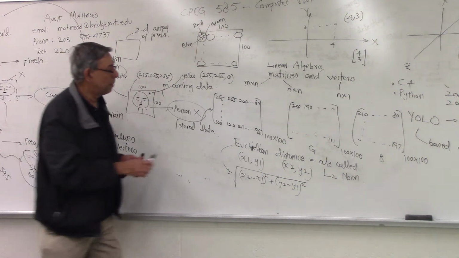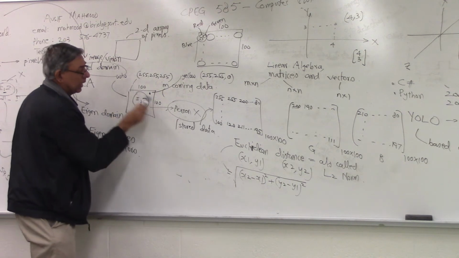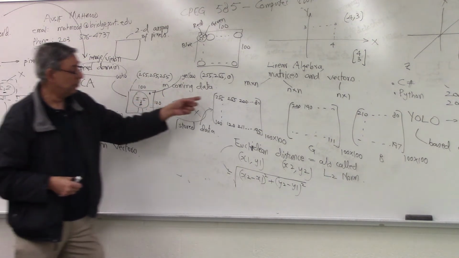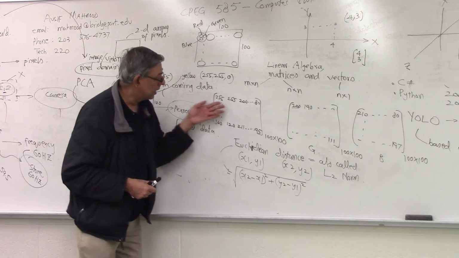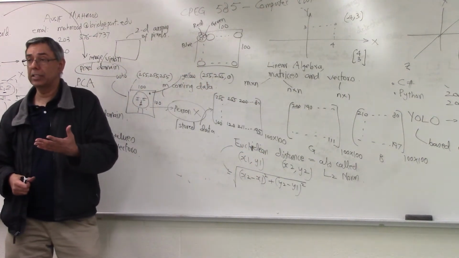So let's go to our picture of person X. We took the picture, this is the value of the red channel, value of the green. So we have 300 by 100 matrices, right?